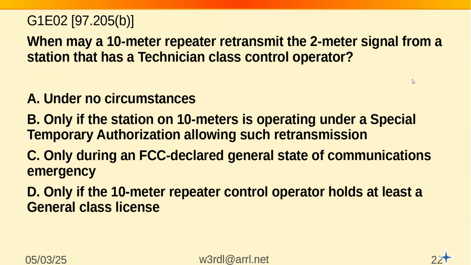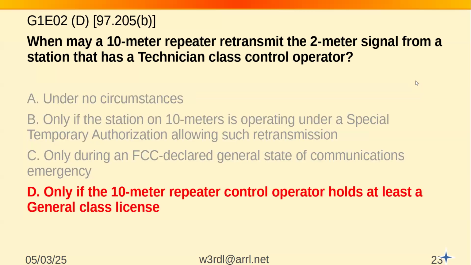Well, we hadn't talked about special temporary authorization yet. That's at the end. And it's not an emergency. As long as the control operator is a general class, doesn't matter. I mean, it's just a repeater, so it's only frequency. The fact that it came from a 2-meter and he's retransmitting it.